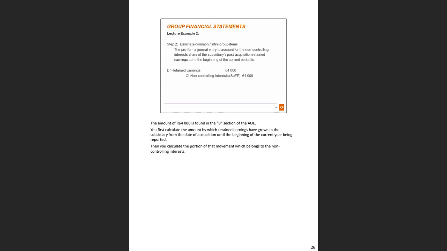So the next slide here, we had a pro forma journal entry to account for the non-controlling interest share of the subsidiary's post-acquisition retained earnings up until the beginning of the current period. So here you will look in section B of your analysis of owner's equity. Remember, we were looking at that period from acquisition date to beginning of the current year.